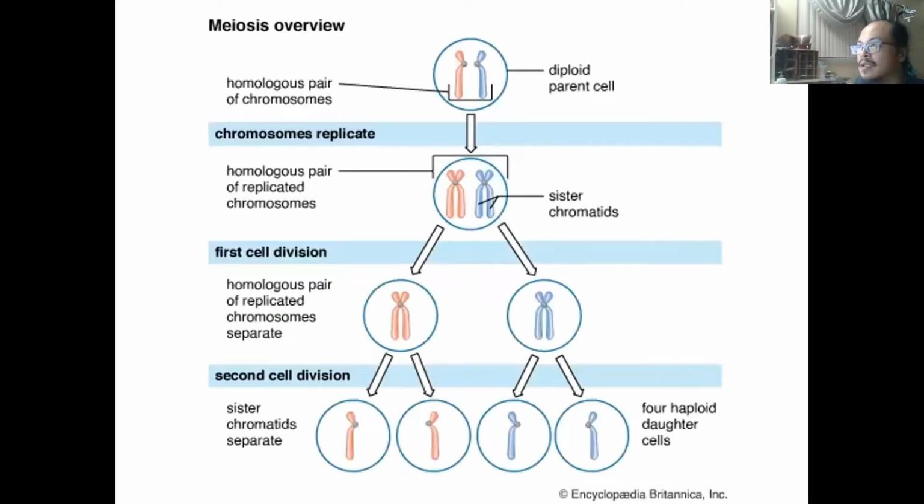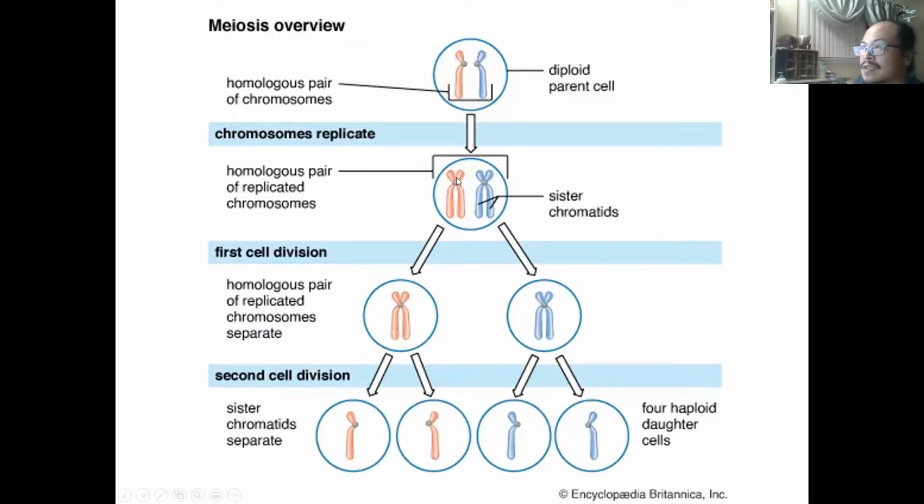But in meiosis, during the first stage, it's not the sister chromatids that get separated. It's the homologs. Your father's chromosomes will be separated from your mother's chromosomes. You have 23 chromosomes, and you may have chromosome 1 totally from the father, chromosome 2 totally from the mother, chromosome 3, etc. But they will be separated based on the homologous pair, not the sister chromatids.